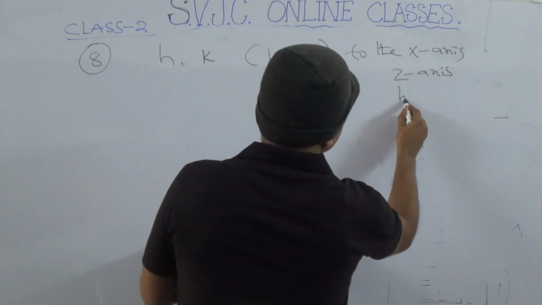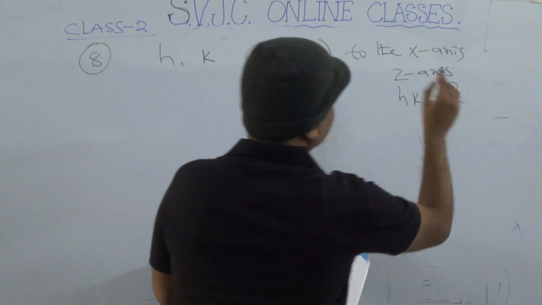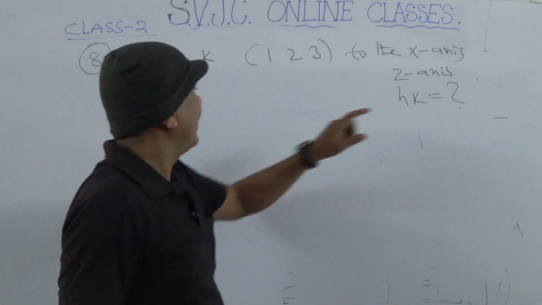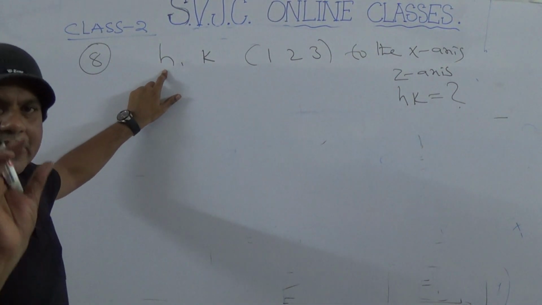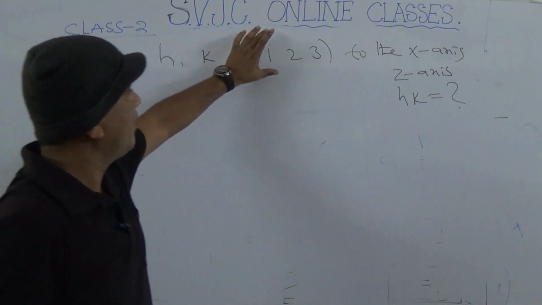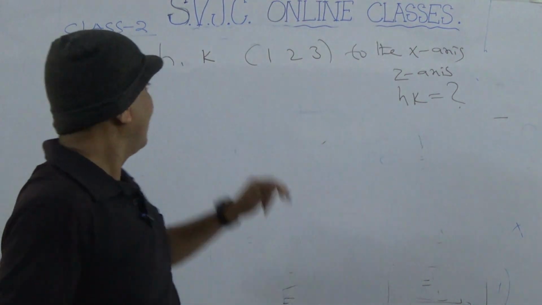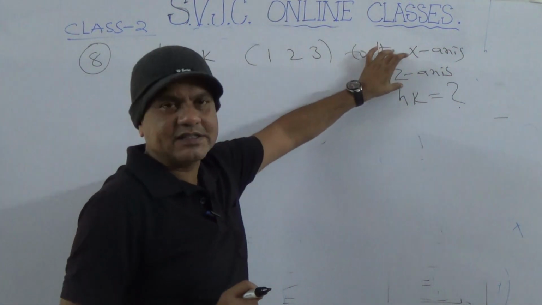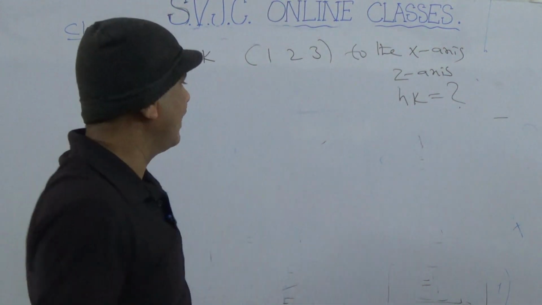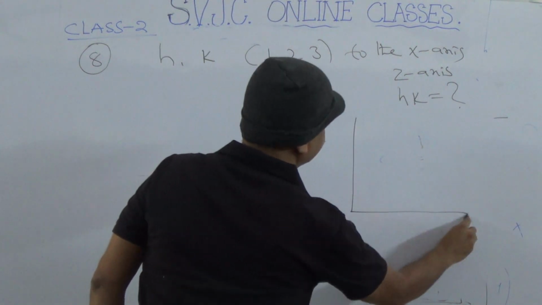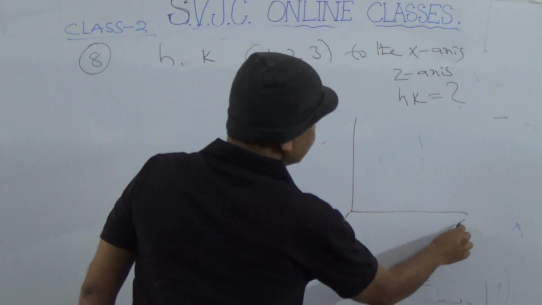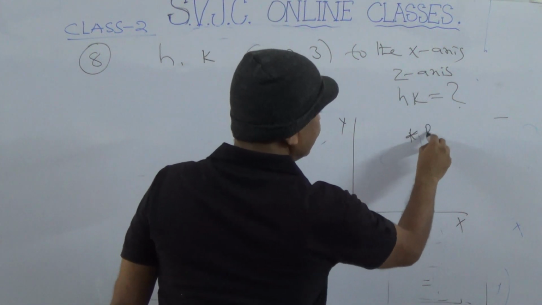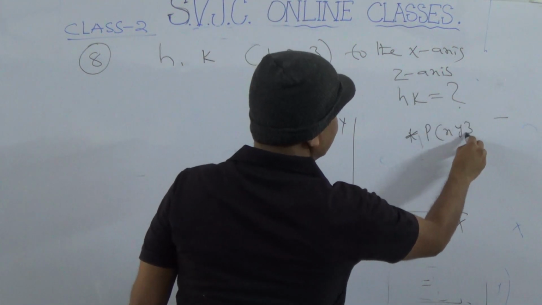Then what is h into k? The product of h into k. What is h? H is the perpendicular distance from this point to the x-axis. What is k? K is the perpendicular distance from this point to the z-axis. Already we know one formula. Let there be the x-axis, y-axis, z-axis, and P any point in space, P equal to x comma y comma z.